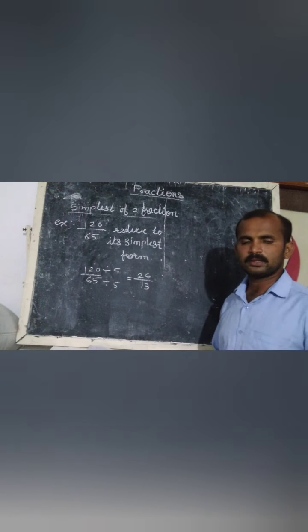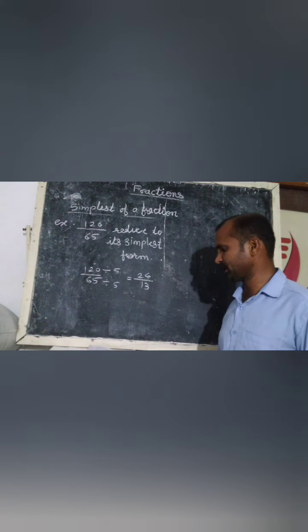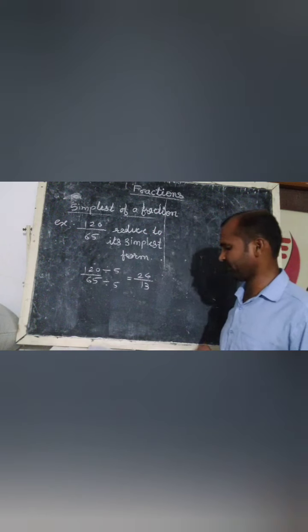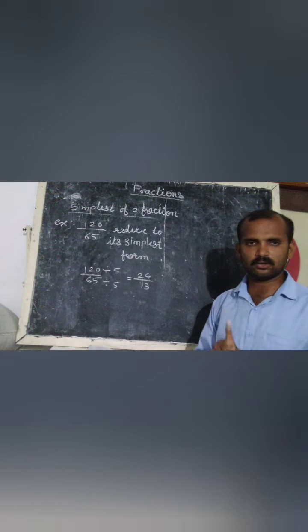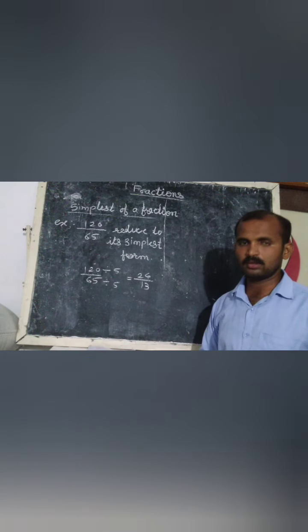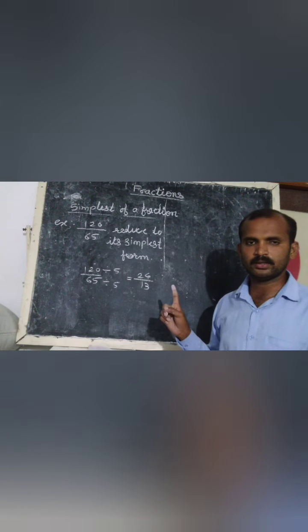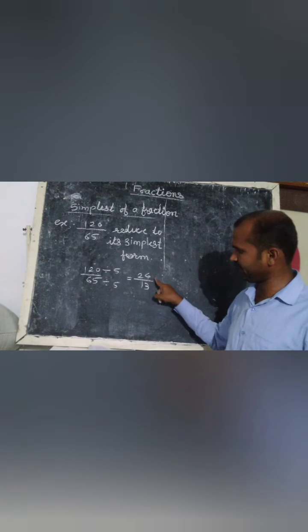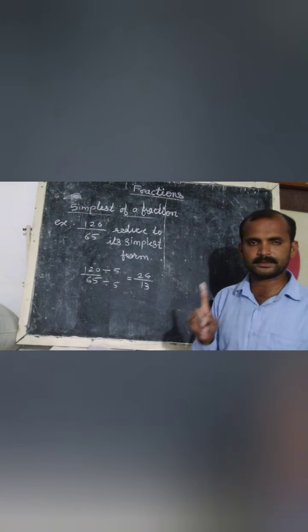So there is a definition, or a statement we can say: a fraction is said to be in its simplest or lowest form when numerator and denominator have no common factor other than 1.